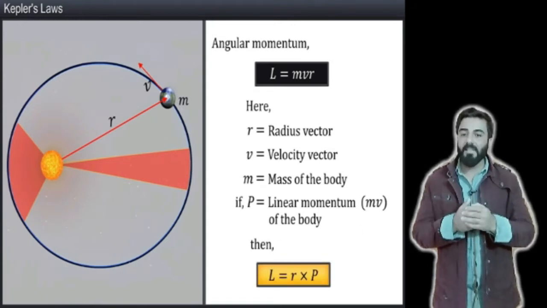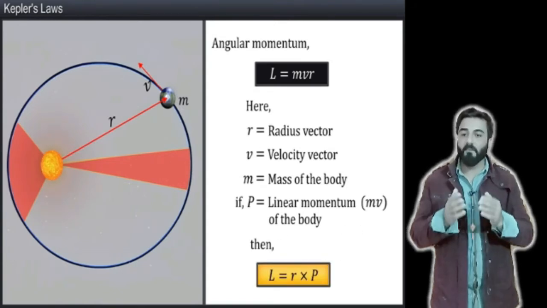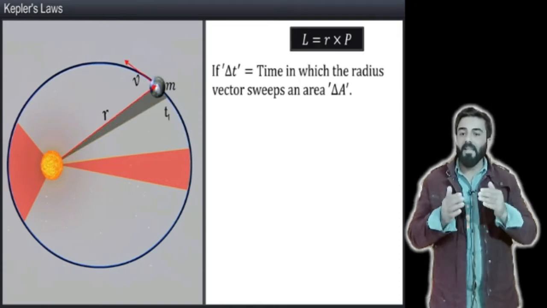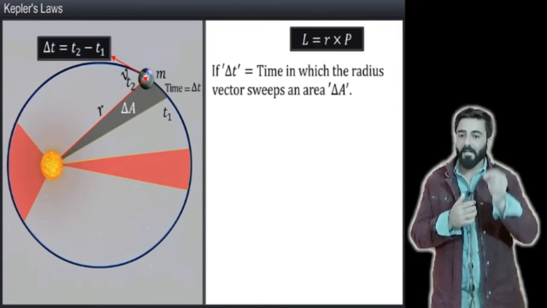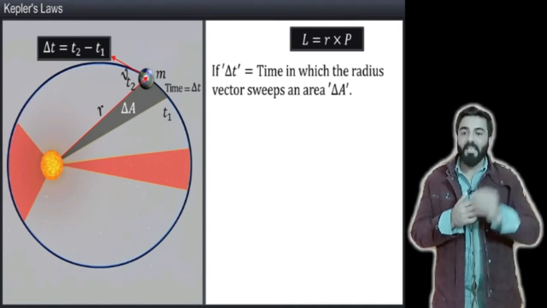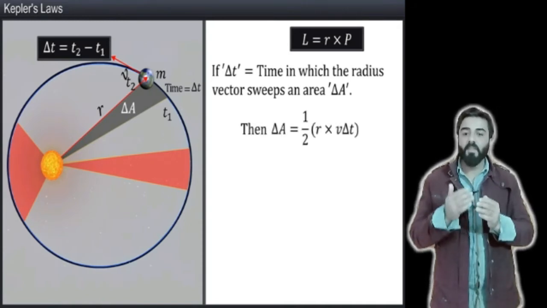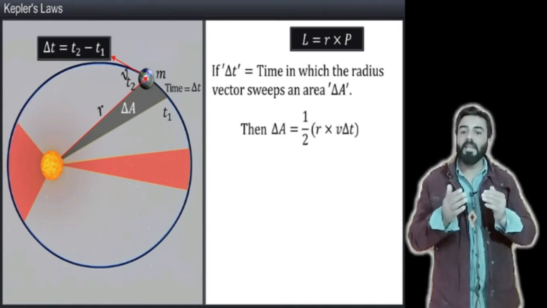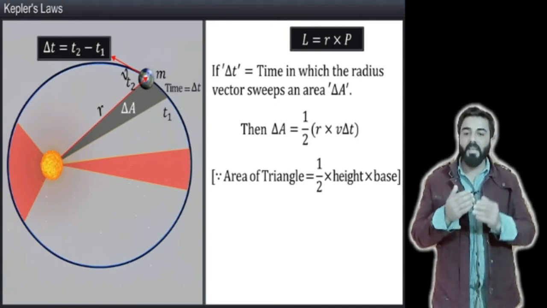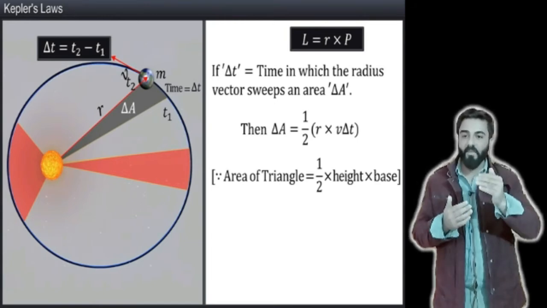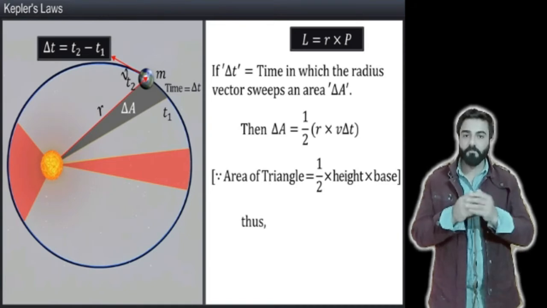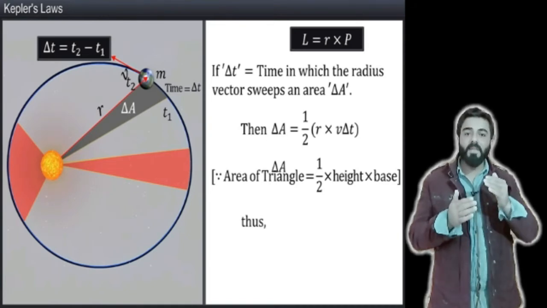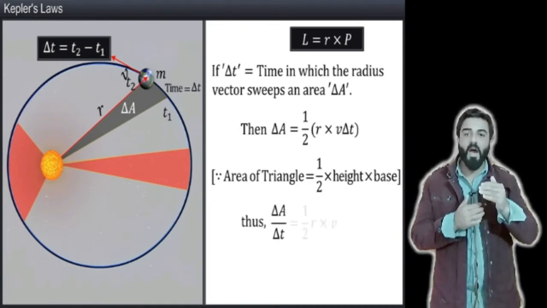If delta t is the time in which the radius vector sweeps an area delta A, then delta A is equal to 1 upon 2 r into v delta t. As we know, the area of a triangle is equal to half the product of base and height or altitude. Thus delta A upon delta t is equal to 1 upon 2 r into v.